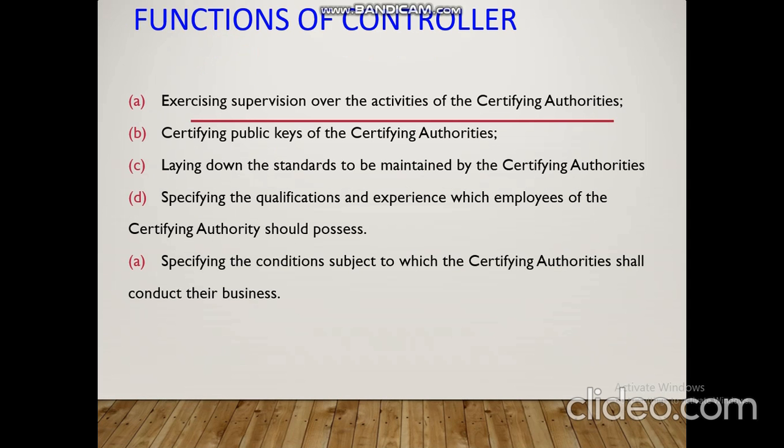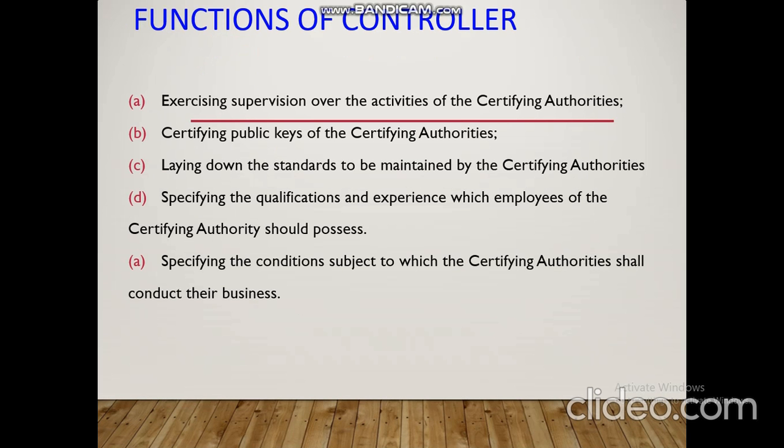Let us see what are the functions of controller. The function of the controller is to exercise supervision over the activities of certifying authorities, or CAs. CAs are the ones who are going to issue the certificates to the public.